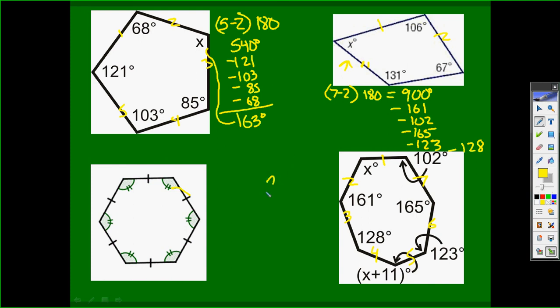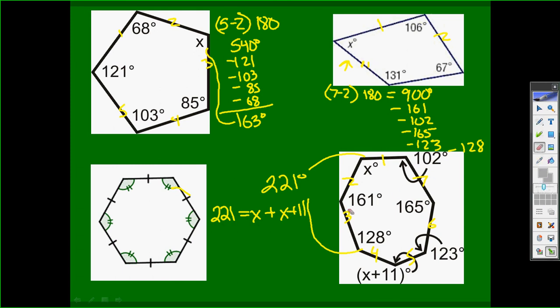I'm left with 221 degrees. And that 221 degrees must make up this angle and that angle. So 221 equals angle x plus angle x plus 11.